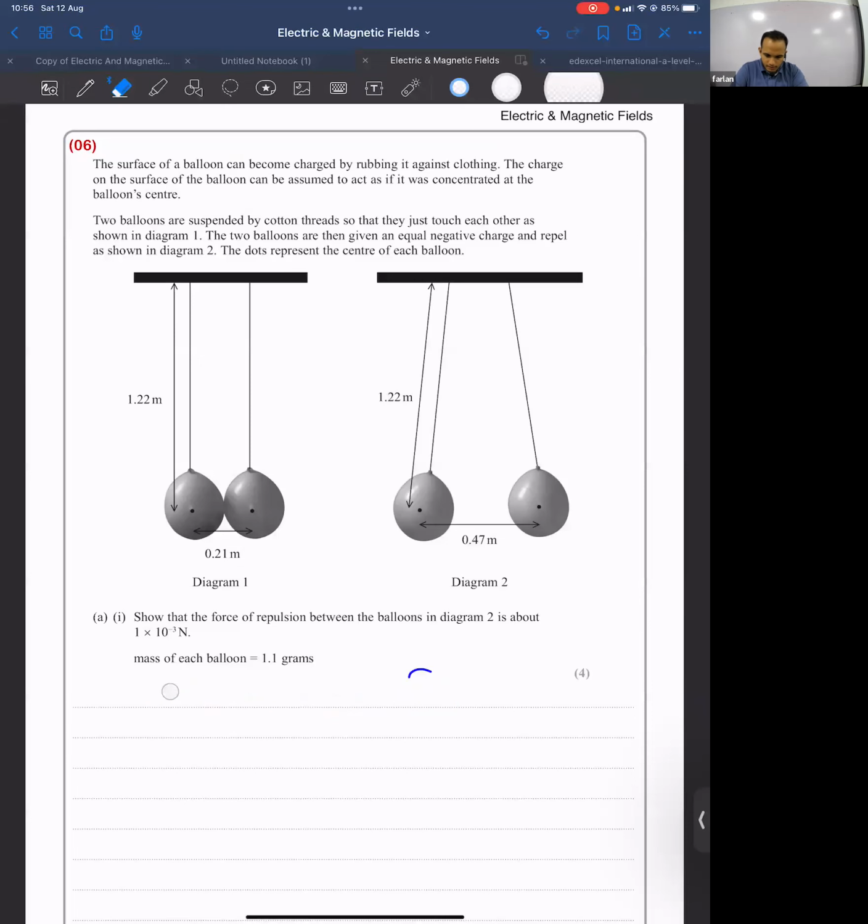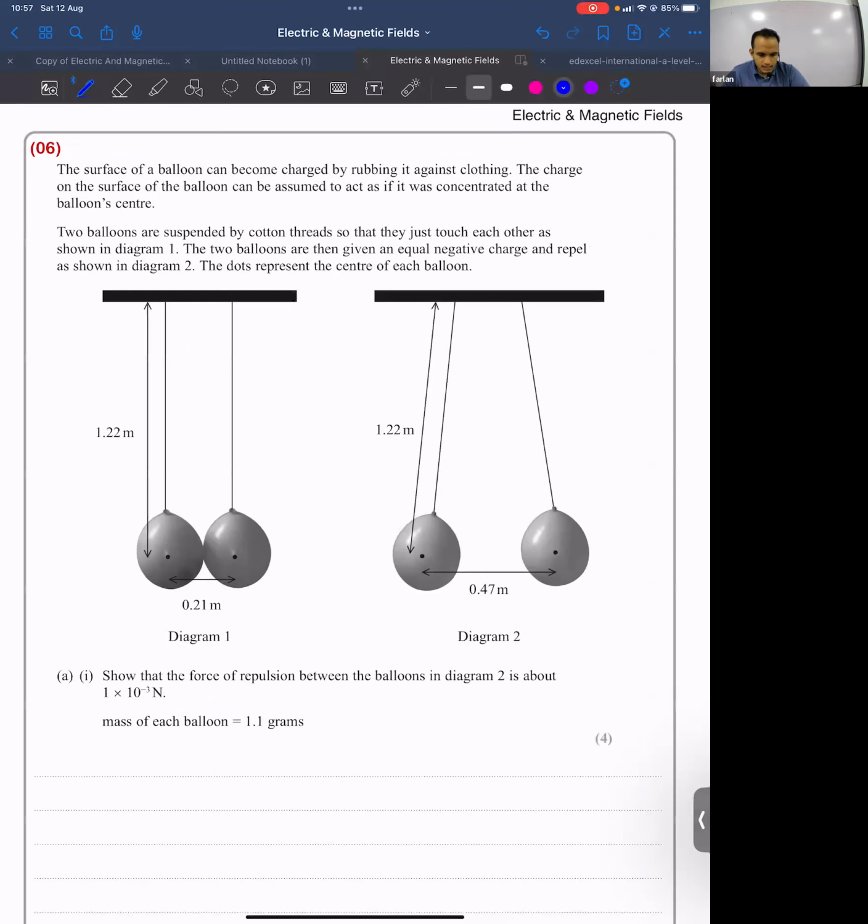The first one is a nice one. The surface of a balloon can become charged by rubbing it against clothing. The charge on the surface of the balloon can be assumed to act as if it was concentrated at the balloon's center. Two balloons are suspended by cotton thread so that they just touch each other, as shown in diagram 1.